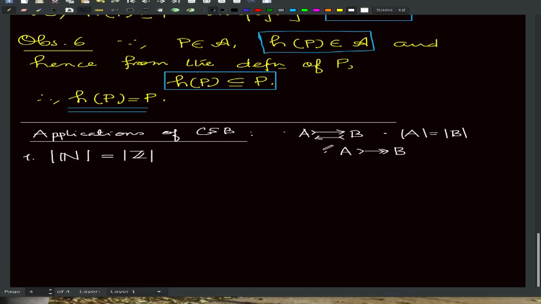Now let's see. Could you get hold of this first application? Even going before this, let's do this, where this is the set of even numbers.